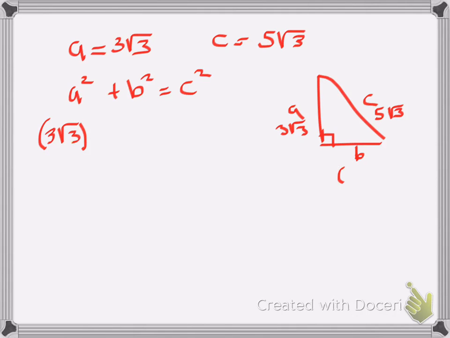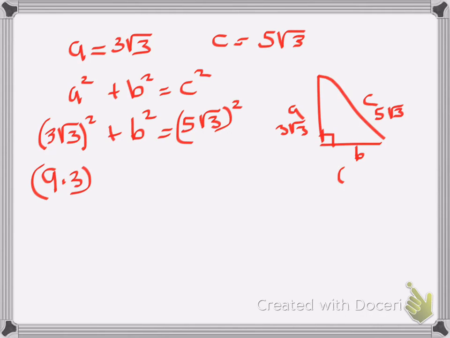3 radical 3 squared plus B squared equals 75. When I square 3 rad 3, what do we get? 9 times 3.